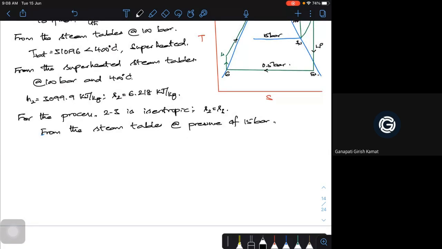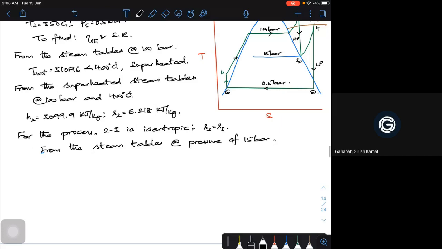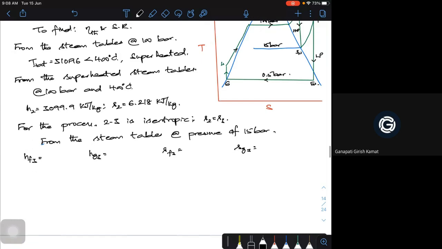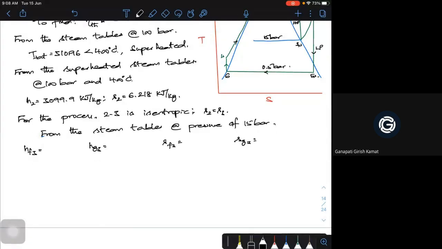What are the values? One of you just tell these values: HF3, HG3, SF3, SG3, and if possible, VF3 and VG3.